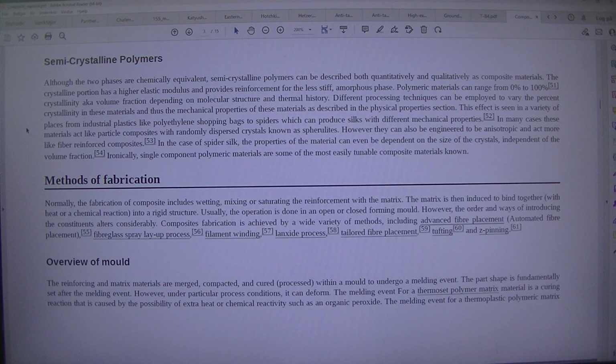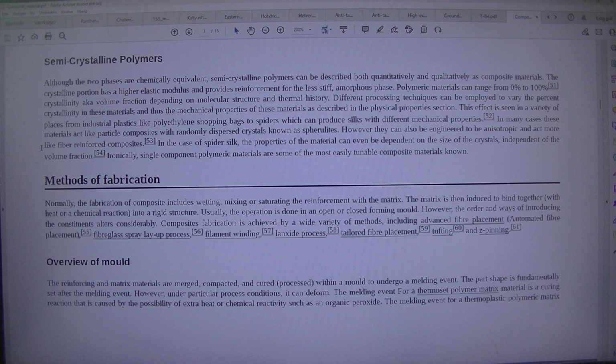This effect is seen in a variety of places, from industrial plastics like polyethylene shopping bags to spiders which can produce silks with different mechanical properties. 52. In many cases these materials act like particle composites with randomly dispersed crystals known as spherulites.